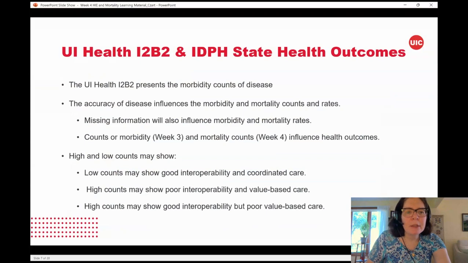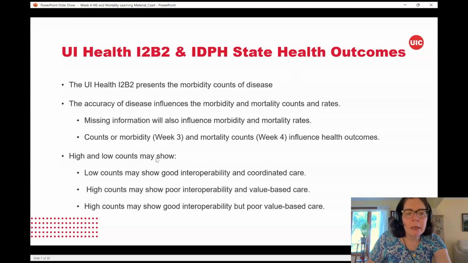Now, in previous weeks, we discussed the I2B2 database. Now you will compare those I2B2 results to what we will work on in terms of the Illinois Department of Public Health outcomes. You will be conducting a data query, and you will have to take a look at what the results and counts mean.